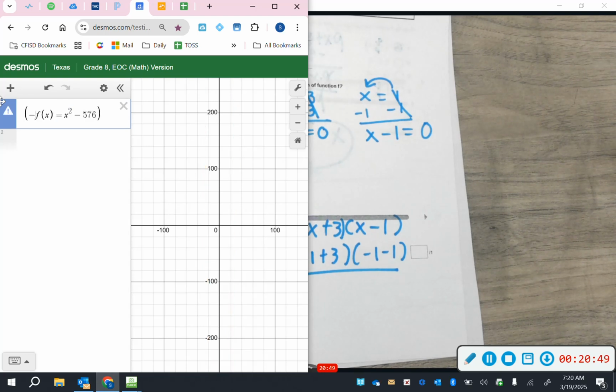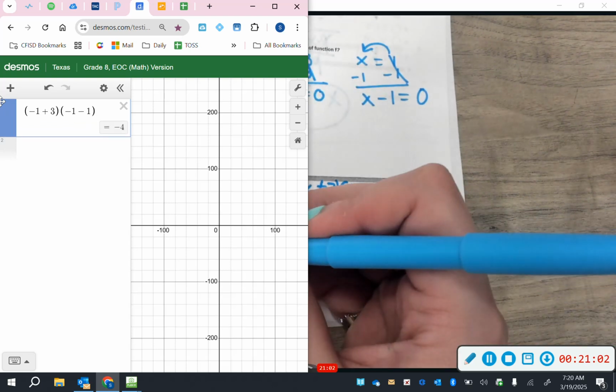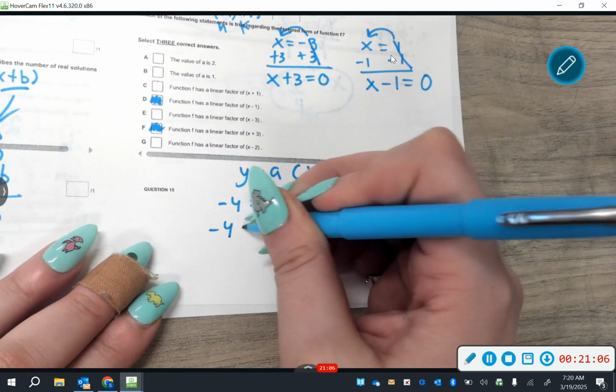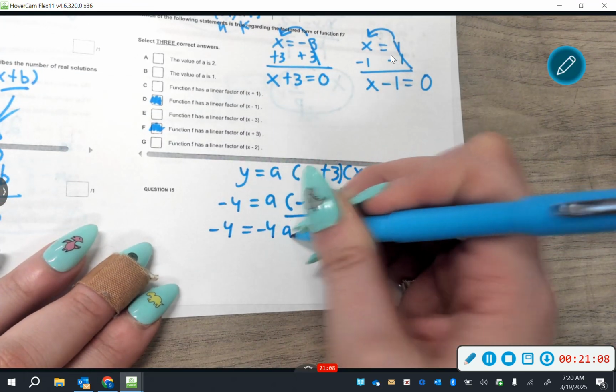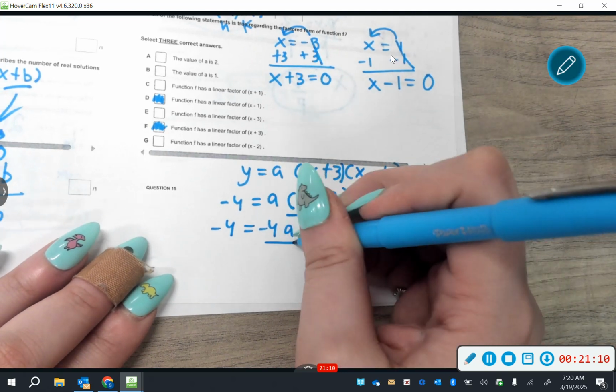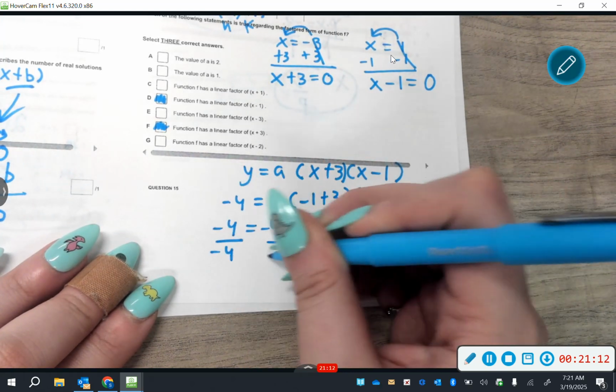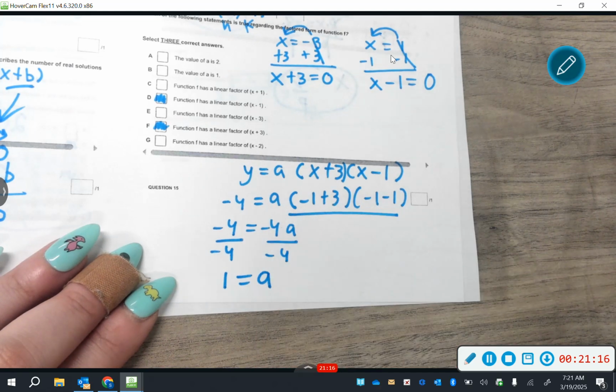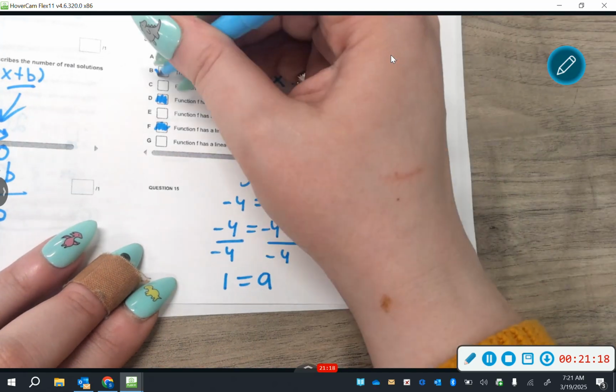So we would put in -1 plus 3 parentheses, -1 minus 1. Oh my gosh. So we got -4. So we would have -4 equals -4a. If I'm solving for a, we divide both sides by -4. 1 would equal a. So our answer is B.